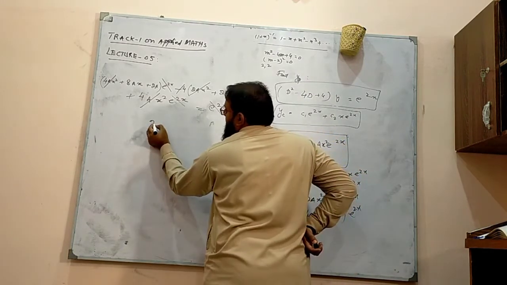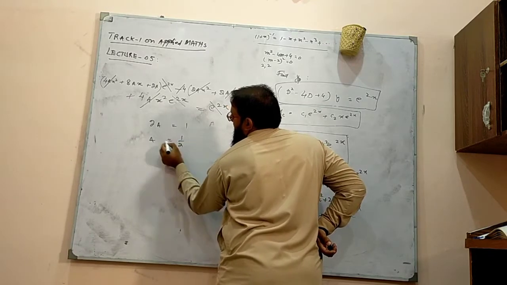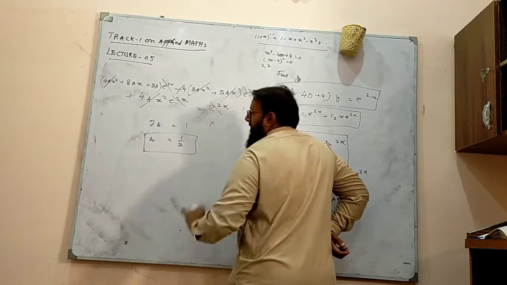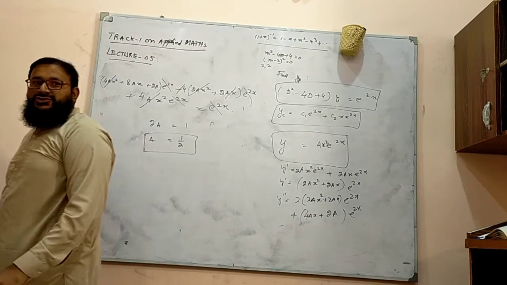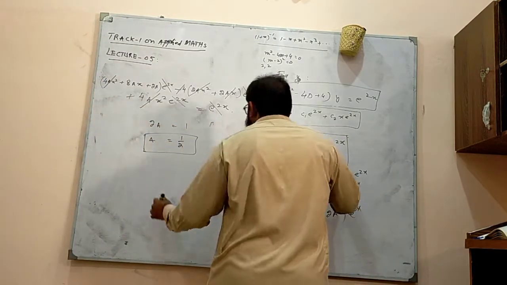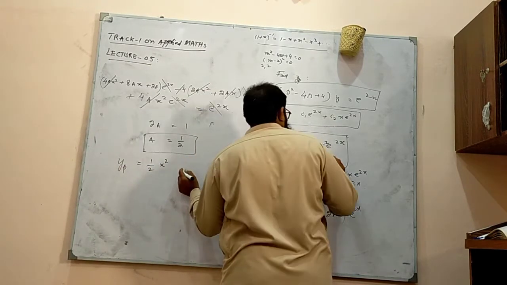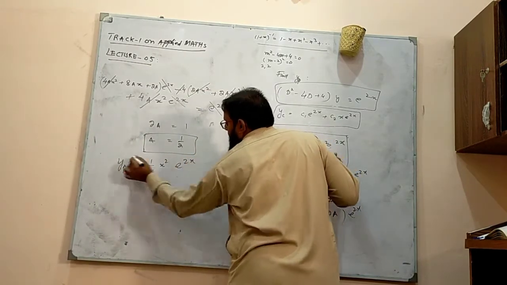So a equals 1 upon 2. Yp is going to be 1 upon 2 x square e power 2x.